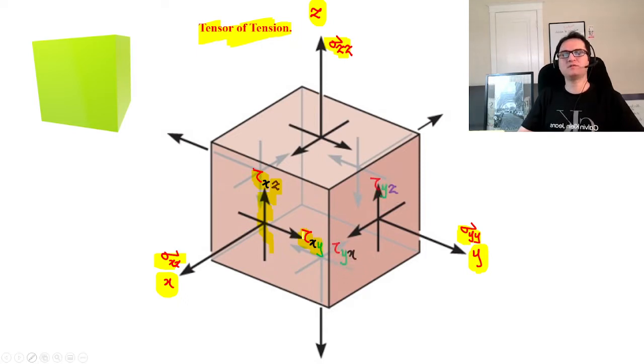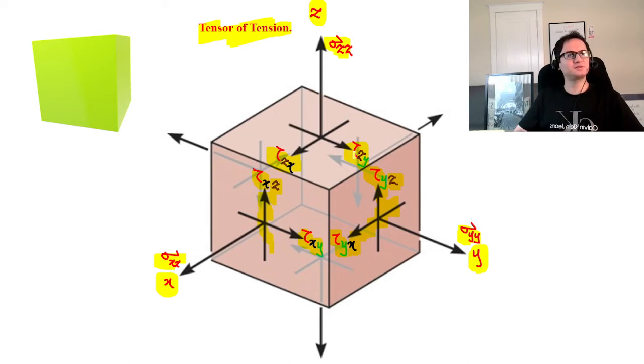Likewise, with the same analogy, you can go by tau, shear in the plane of y pointing towards the x direction, and shear in friction in the y plane towards the z. Likewise, you can say tau zx and tau zy.